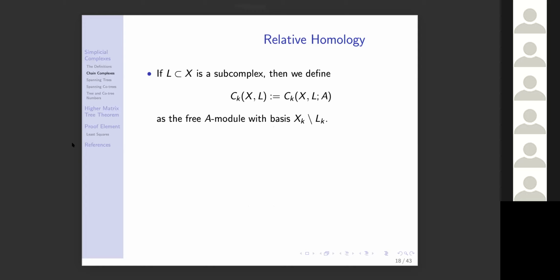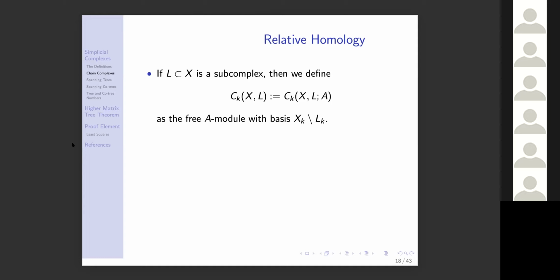Okay, so now there's something called relative homology, which I'm going to need in this talk. So if you have a subcomplex L, you can look at the chains relative to L, called the chains relative to L with coefficients in A. What you do is you take the free A module, not with basis the K simplices, but you remove all the K simplices of the sub-simplicial complex.